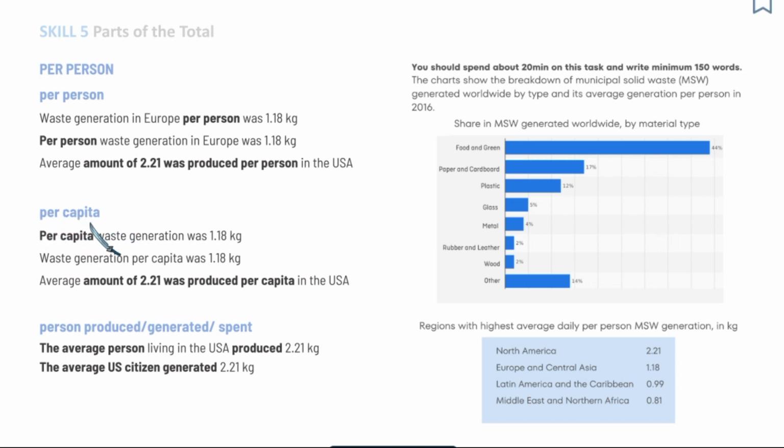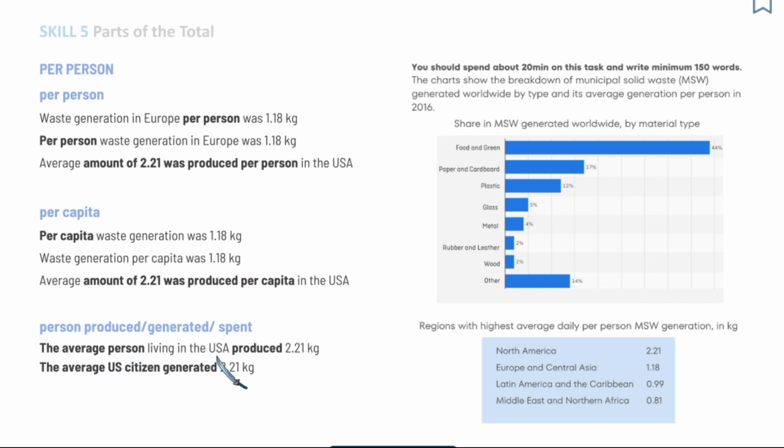Capita refers to a head. So per capita means per head or per person. And this is how you can use this phrase, per capita, in sentences. And finally, you can use these ways. So a person produced, or a person generated, a person spent. And here are two examples.